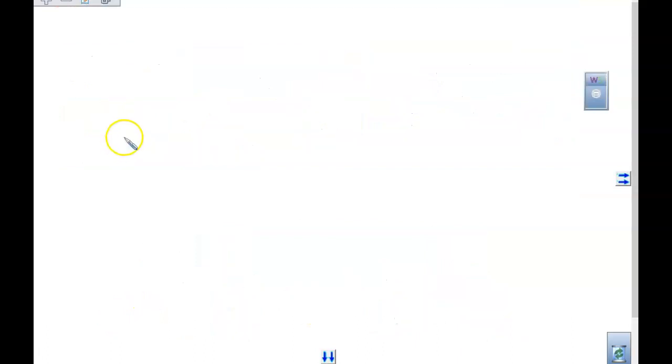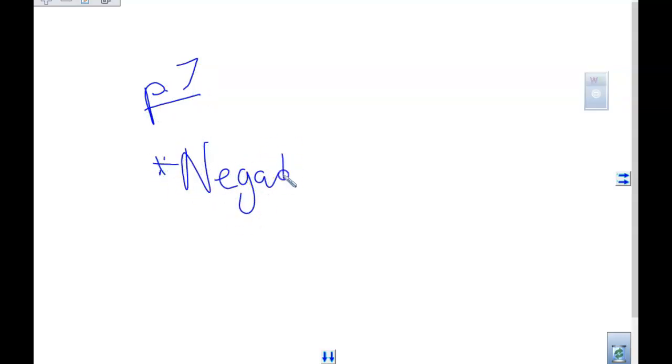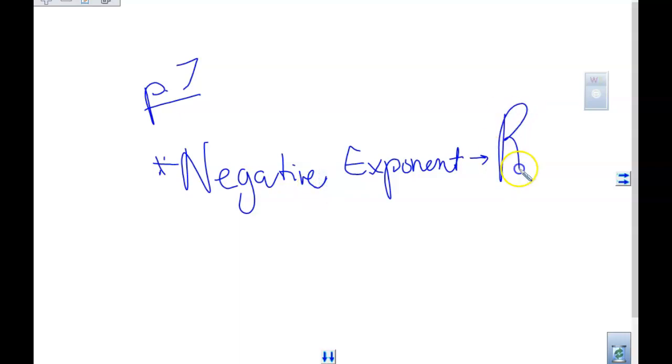Questions as you go. On the bottom of page 7, I would like you to write negative exponent. And the word we want to always associate with our negative exponent is what word? Reciprocal.